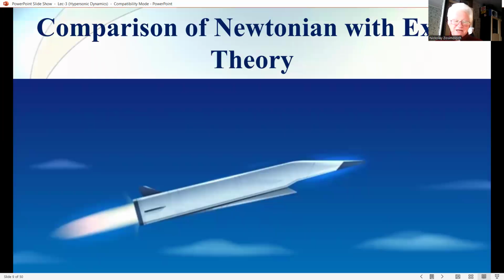And now let's start another subtopic for today's lecture: comparison of Newtonian with exact theory. The purpose of this example is to provide even better insight into the advantages and disadvantages of Newtonian theory, especially as applied to slender bodies at small angles of attack.